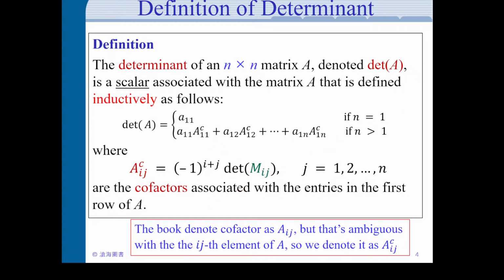After thinking about this, I changed the notation. Those cofactors in the book are called Aij, but we also want to denote Aij as just the ijth element of A. So I decided to change everything here and rename this cofactor as Cij.